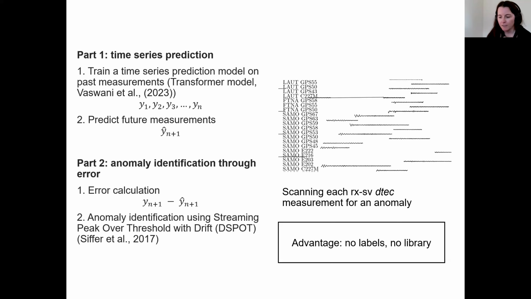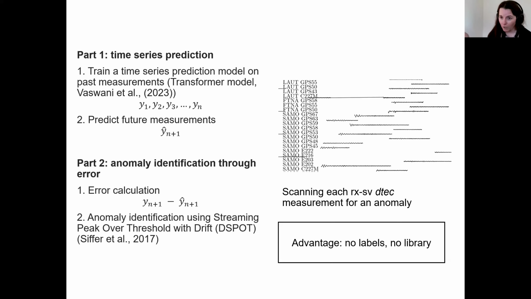The second follow-up part is the anomaly part. Our prediction model, which we assume understands all ionospheric behavior, is a big assumption, but that's what we're saying: this model knows typical ionospheric behavior.